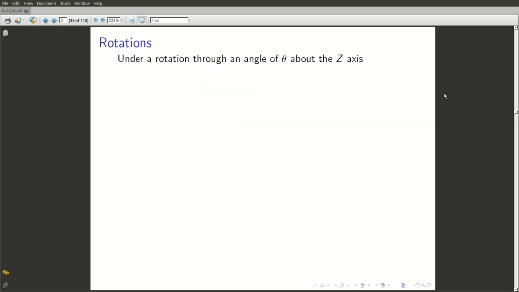So, let us start by considering a familiar transformation, a rotation through an angle theta about the z-axis. Now, we all know what happens under that.